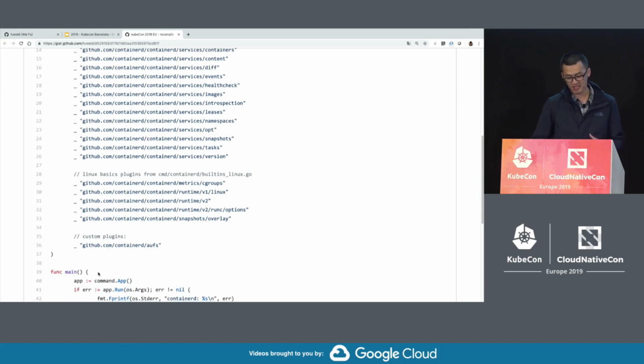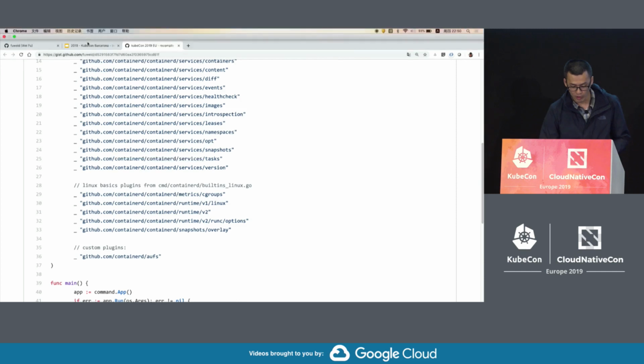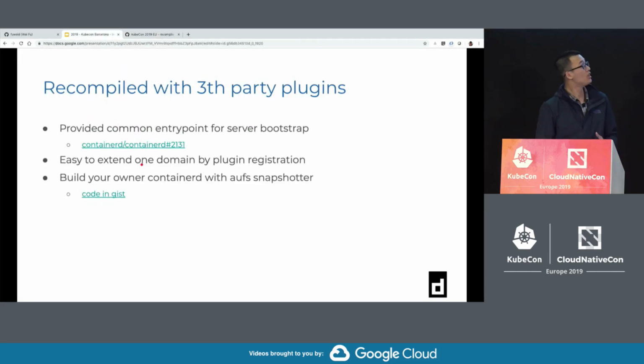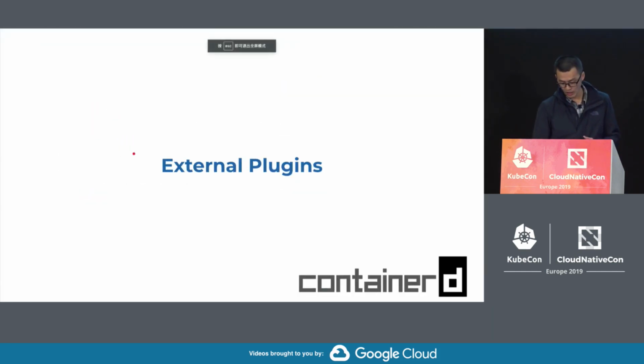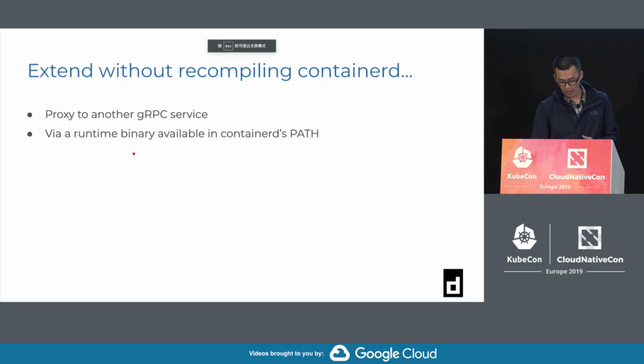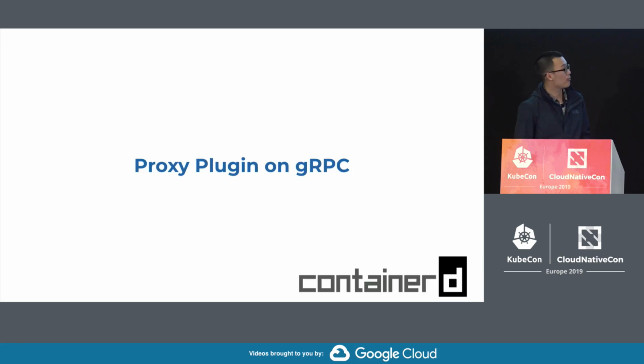So you can see it's very easy to build your own Kubernetes, right? So I think you might not like this way, and Kubernetes also provides external plugins. For now, Kubernetes supports two kinds of external plugin. One is the proxy plugin, and the other one is the external runtime plugin. So the first one is the proxy plugin.